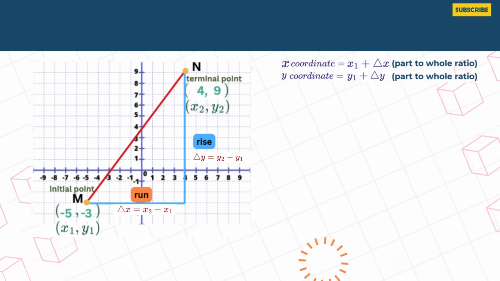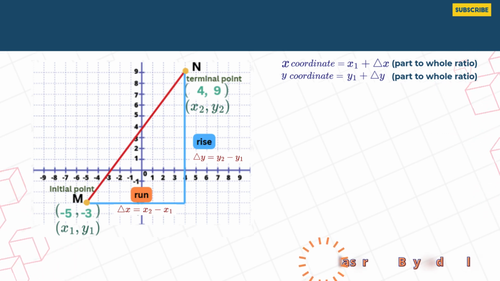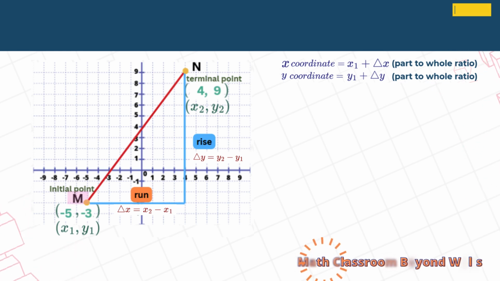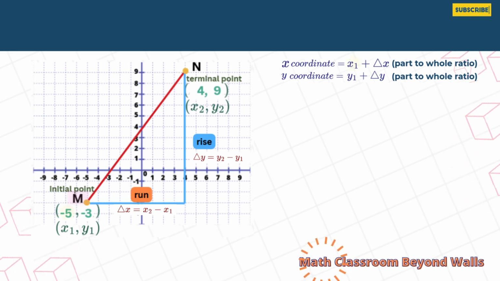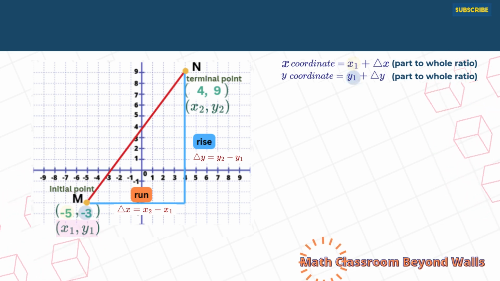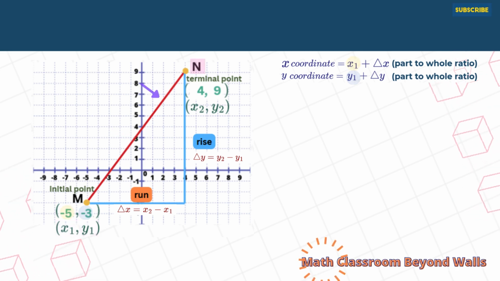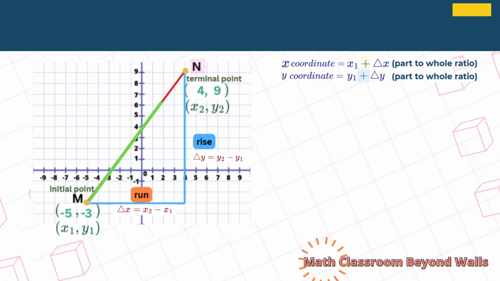Now, when you are looking for that point, where do you start with your search? You do it immediately after the initial point. Thus, the first terms in the formulas are the coordinates of the initial points, which are x1 and y1. Your search is directed towards the terminal point, away from the initial point. Thus, you are adding something to x1 and y1. This is why you have the plus signs in the formulas.